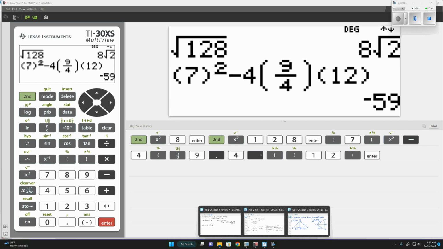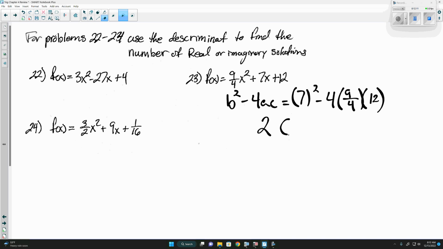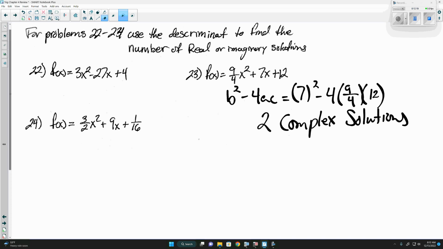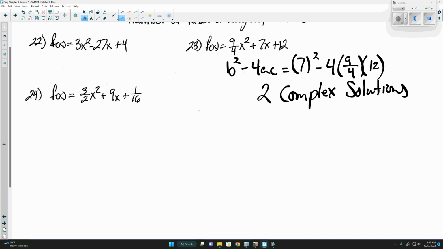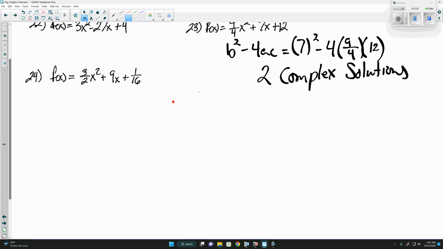So that means we have 2 complex solutions. And again, the place we get that from is the fact that if b squared minus 4ac is greater than 0, we have 2 real.